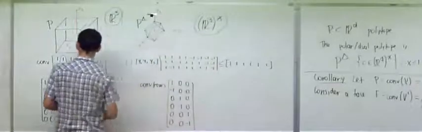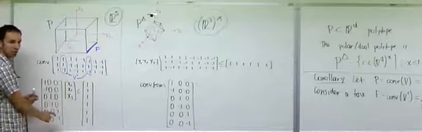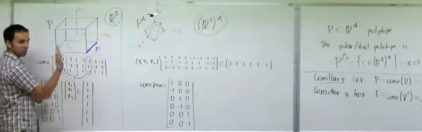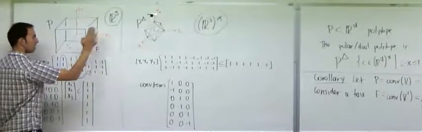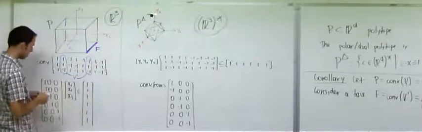But if I want the inequality description, then basically what I have to do is say, okay, well, these are the 6 inequalities of my cube, but on here, 2 of them are equalities because this face is on this face of the cube, which is where x2 is equal to 1, right?